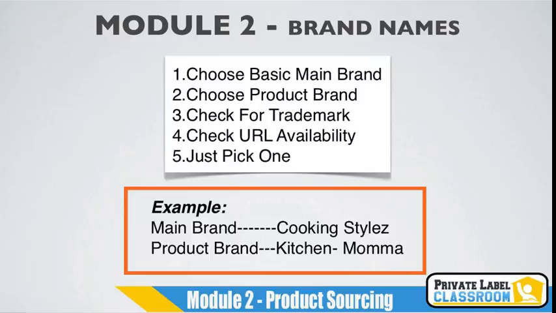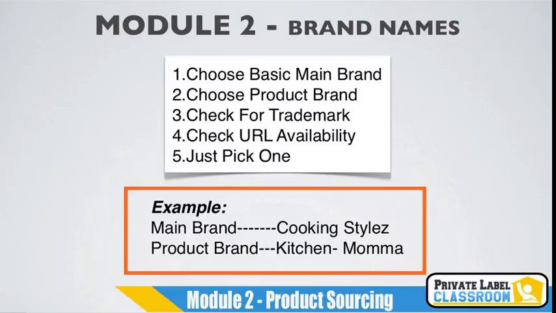Well, if you do that, then you're going to want your main brand to be something generic, not Cooking Styles. Let's just say XYZ Wholesaling, right? And then your product brand would be Kitchen Mama for the garlic press, and then maybe Sports R Us for the basketball that you're going to sell. See, so you want to keep those all separate.